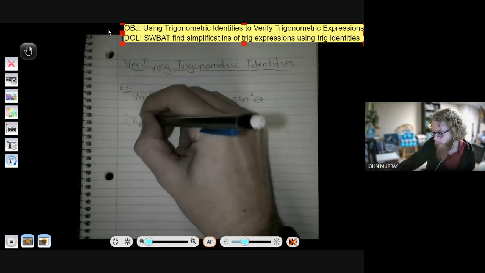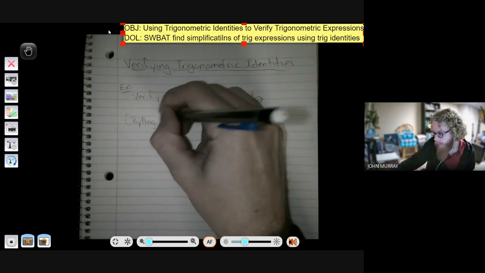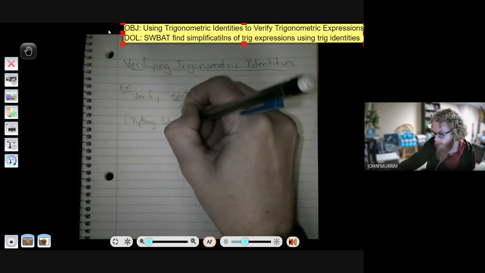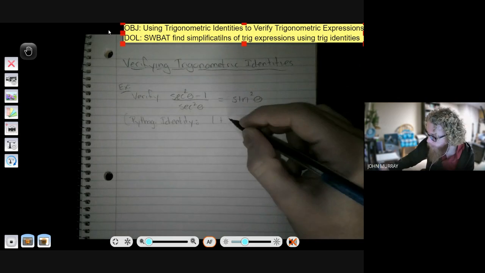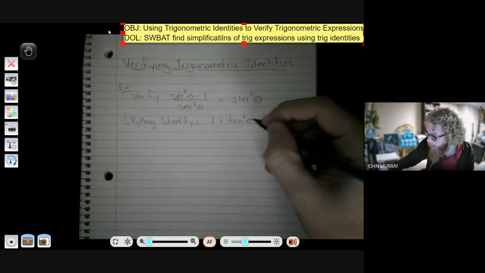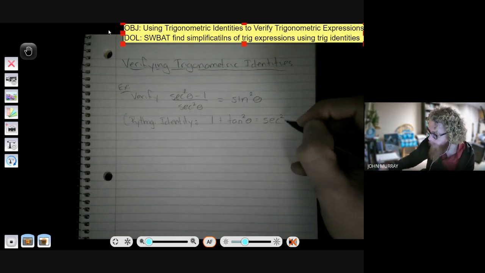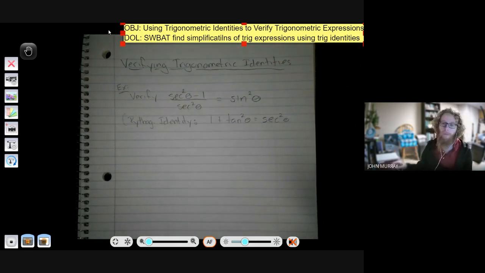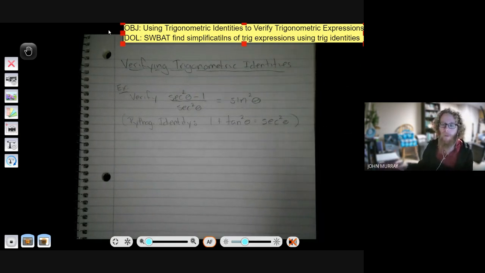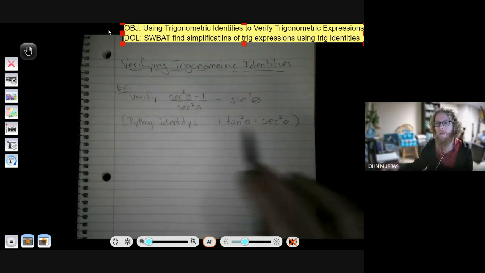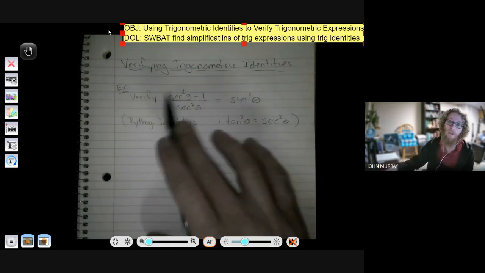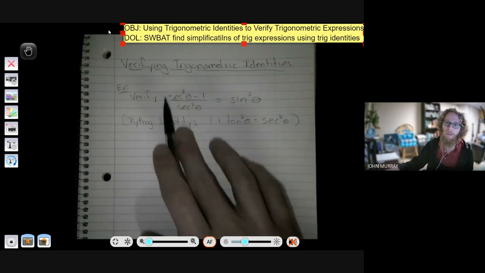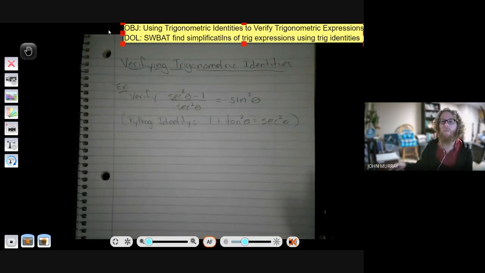So the identity that we're going to use is 1 plus tangent squared equals secant squared. So what I want to do now is manipulate this, so somewhere I get something that looks like this, right?